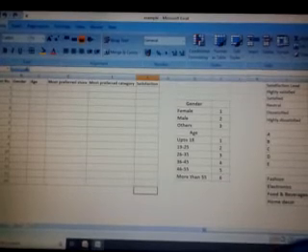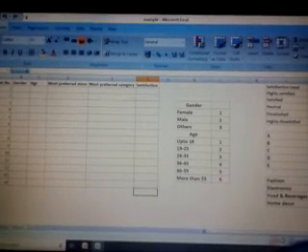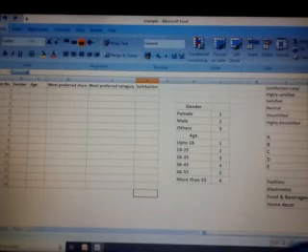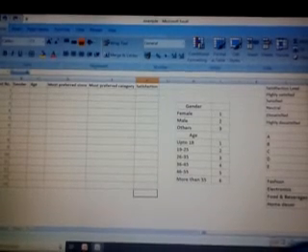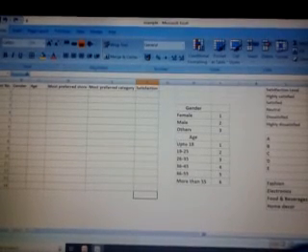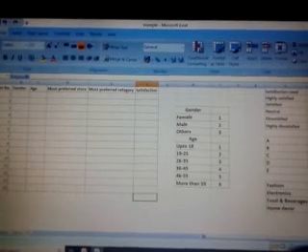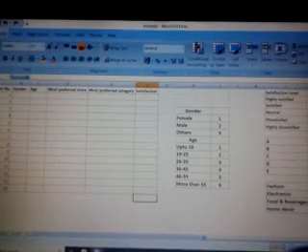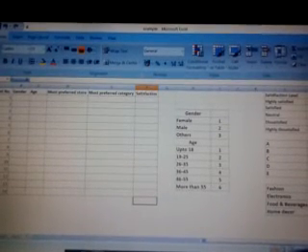So in general, if the mean is around 1 or 2, the respondents are dissatisfied, and if it is around 4 or 5, we can say the respondents are satisfied. Because it is not on a nominal scale but an interval scale, we can also calculate the mean of this.